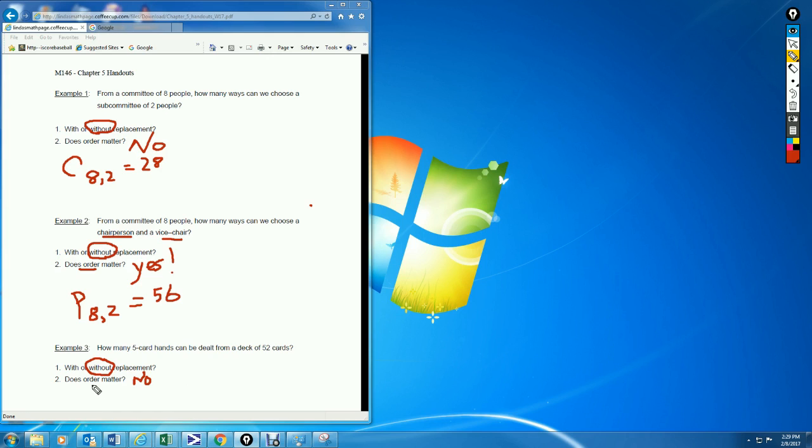Because the order does not matter, it's just a combination. We're just making a group. We're selecting out of a total of 52 objects, and we are selecting 5 of them. So the combination of 52, 5, go ahead and calculate it. Pause if you want. 2,598,960.